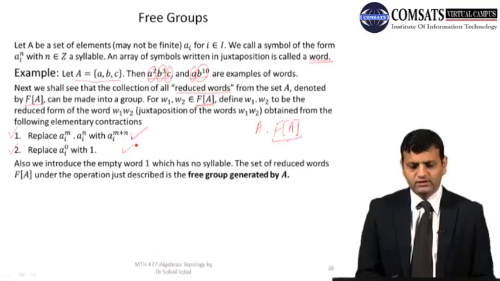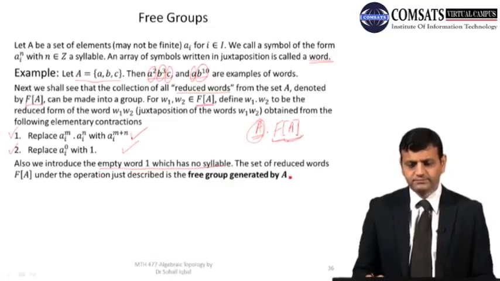So after following these two operations, the collection of all words in the symbols of A is the collection of reduced words, and it is denoted by F(A). And after introducing the empty word, which has no syllable, the set of reduced words under this operation just defined is a free group generated by A.